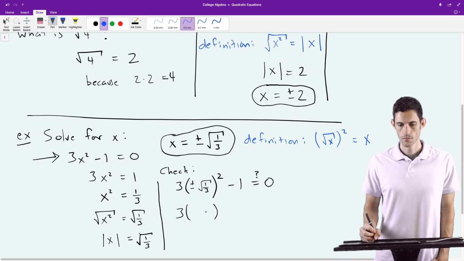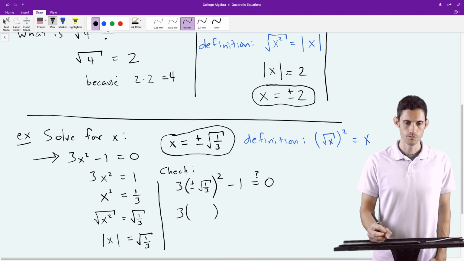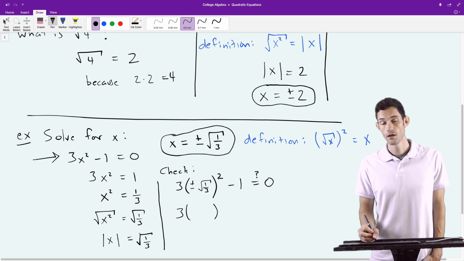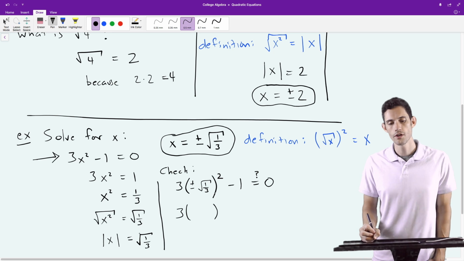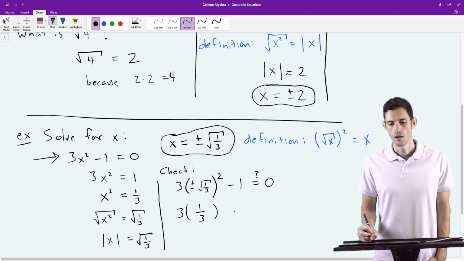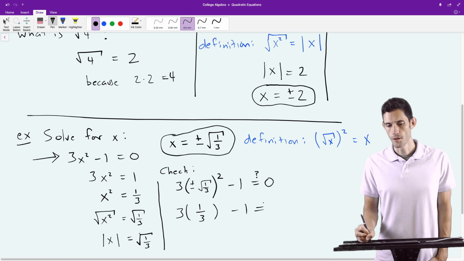So in this case, I have the square of the square root of 1/3, and so I would just get 1/3. And then there's a -1, and I'm checking to see whether that is equal to 0.